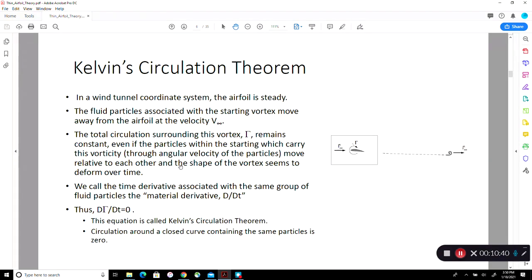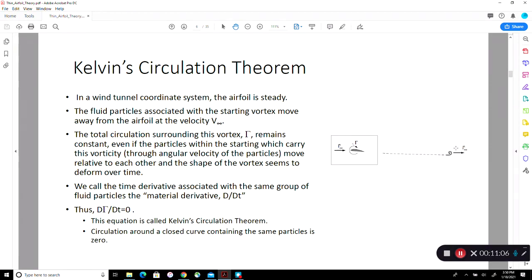So in a wind tunnel coordinate system, the airfoil is steady. The fluid particles associated with the vortex move away from the airfoil roughly at the velocity of v infinity, because remember, convection is u times the derivative of vorticity with respect to x. U is simply roughly equal to v infinity. So up here, this vortex is moving at the free stream velocity in a wind tunnel.